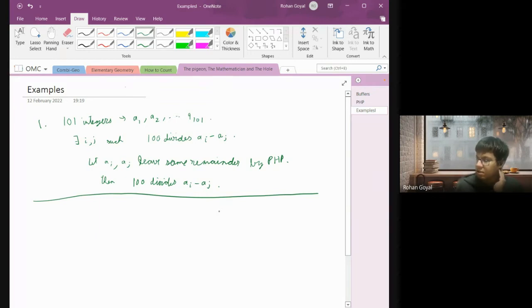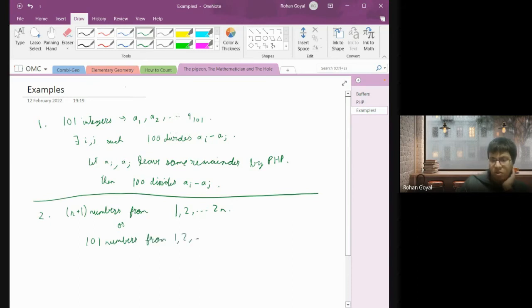So let us look at a trickier example. You have n plus 1 numbers from 1 to 2n. Or if you want concrete, 101 numbers from 1 to 200.